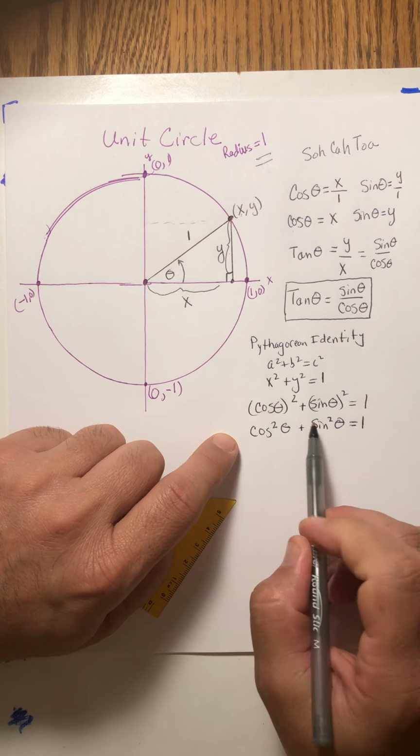Angle theta is drawn on a unit circle. The terminal side passes through P. Okay, so we're going to do two of these.